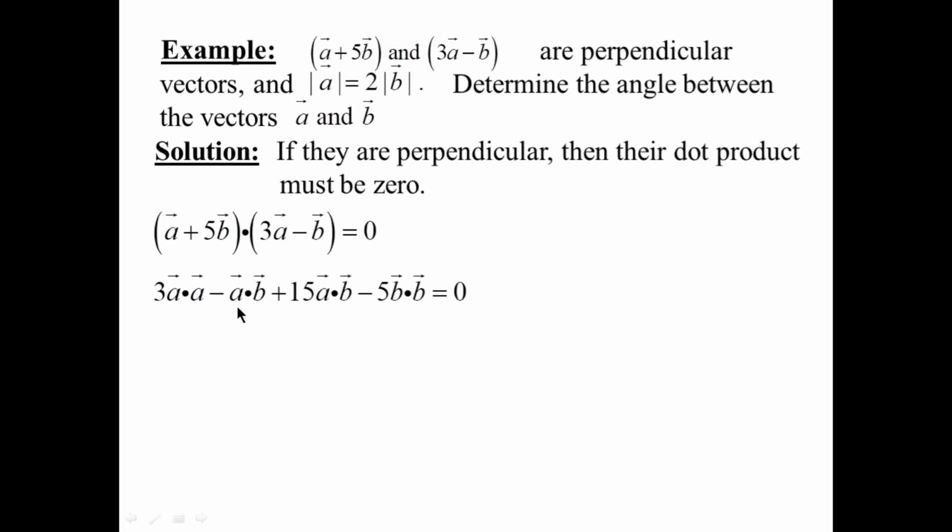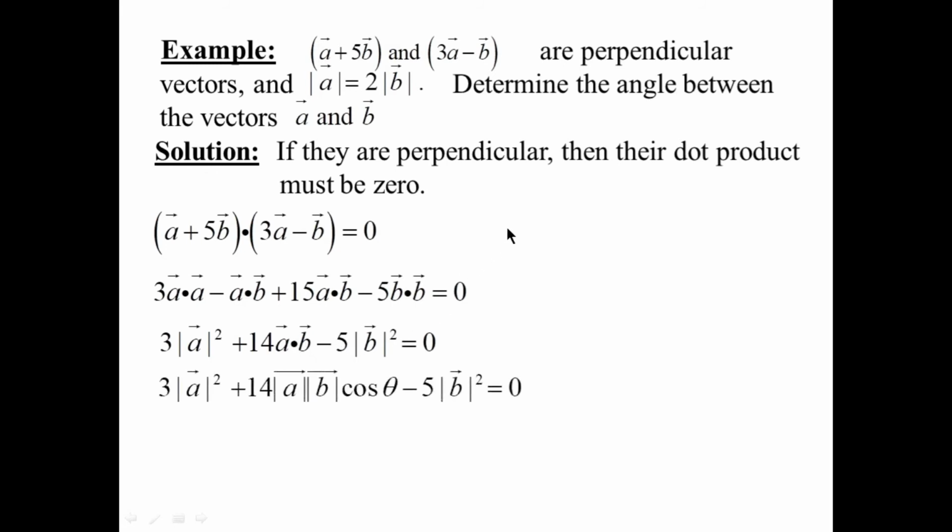And the middle two terms collect. And we're after an angle, so we would like to inject some trig in here so we can get an angle. So a dot b is length times length times cos.